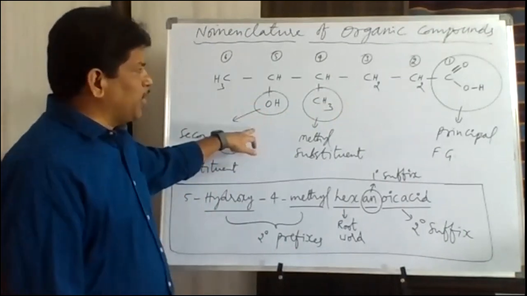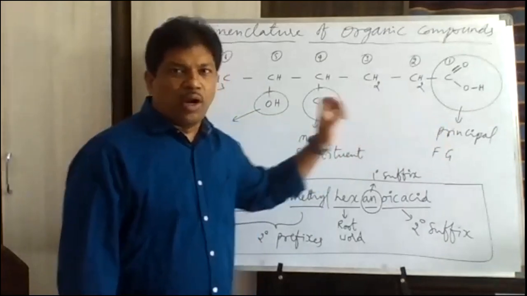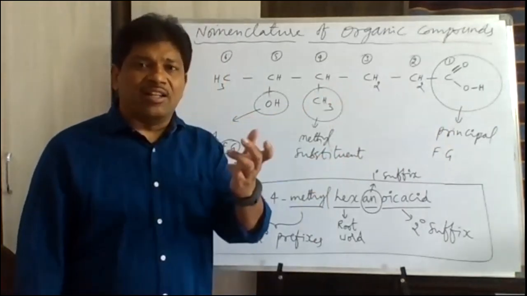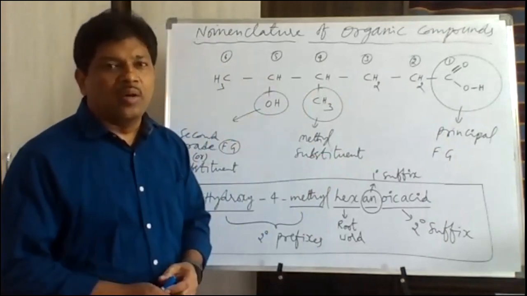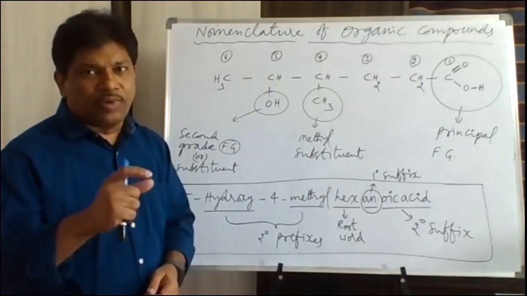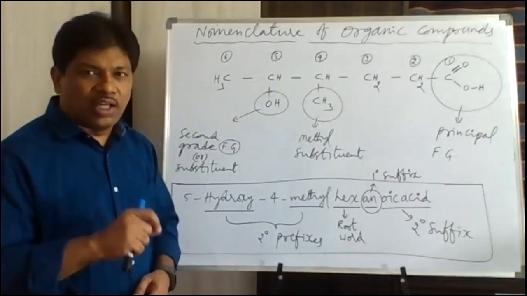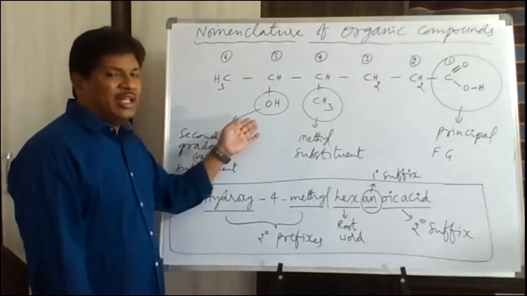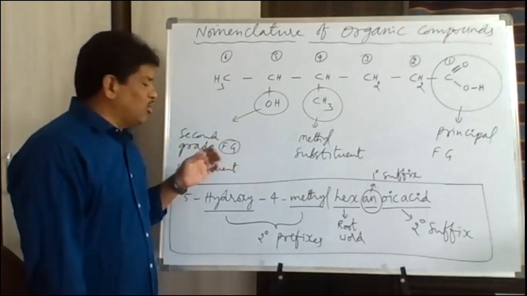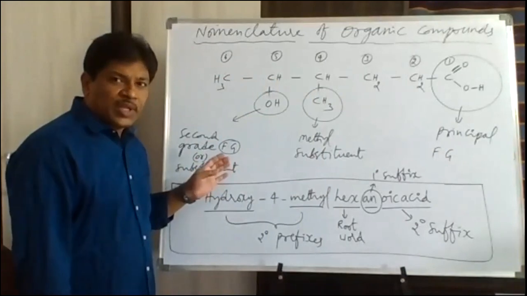So between the OH group and the COOH group, which is the more senior or higher priority group here? COOH. The more priority group, the senior group, will act as the principal functional group, and the less senior group, the less priority one, will act as the second grade functional group, or simply a substituent.